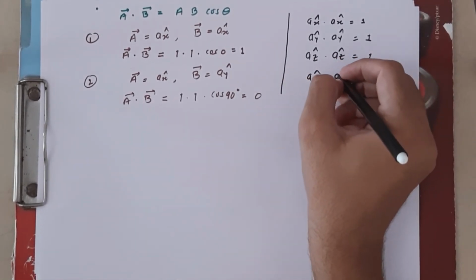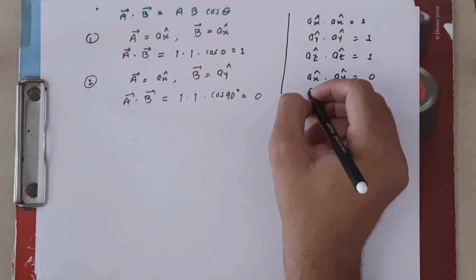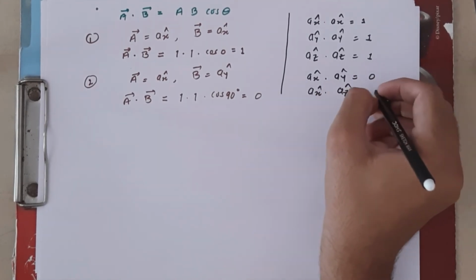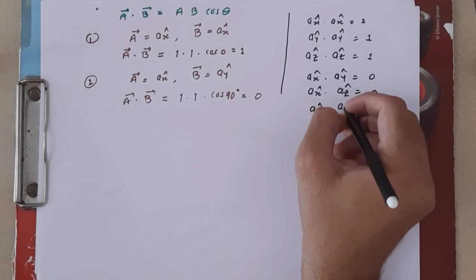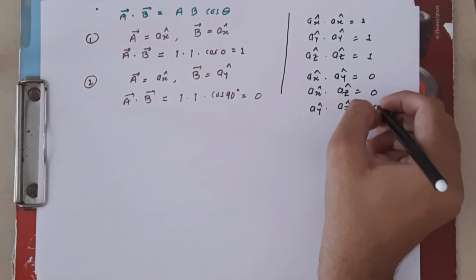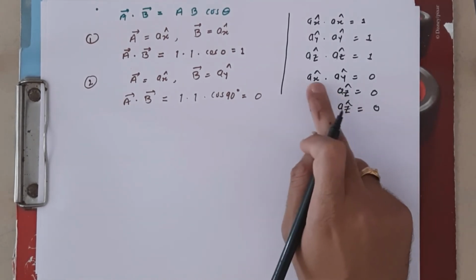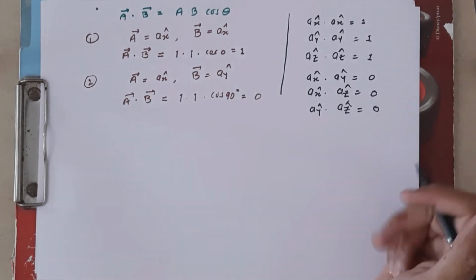But AX with a different unit vector AY, these two are perpendicular, so the answer is 0. AX with AZ, the answer is 0. AY with AZ, the answer is 0. Because X and Y, X and Z, Y and Z are perpendicular to each other, they make a 90 degree angle, so the answer is 0.